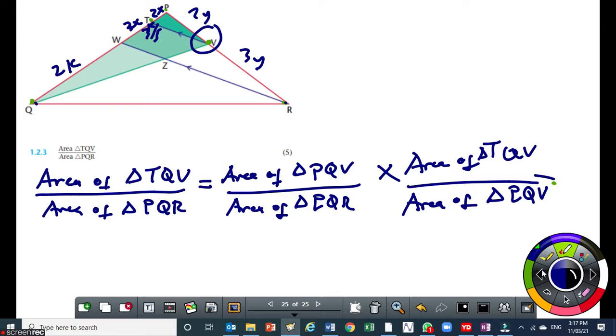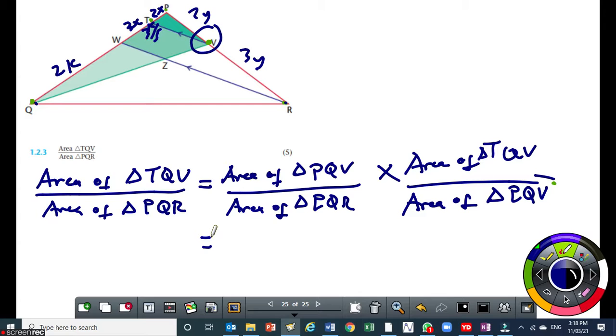So they cancel out. But for our question, we cannot cancel them out. We need their dimensions for us to carry on. So, how would you find the area of PQV? We use the dimensions that we know.